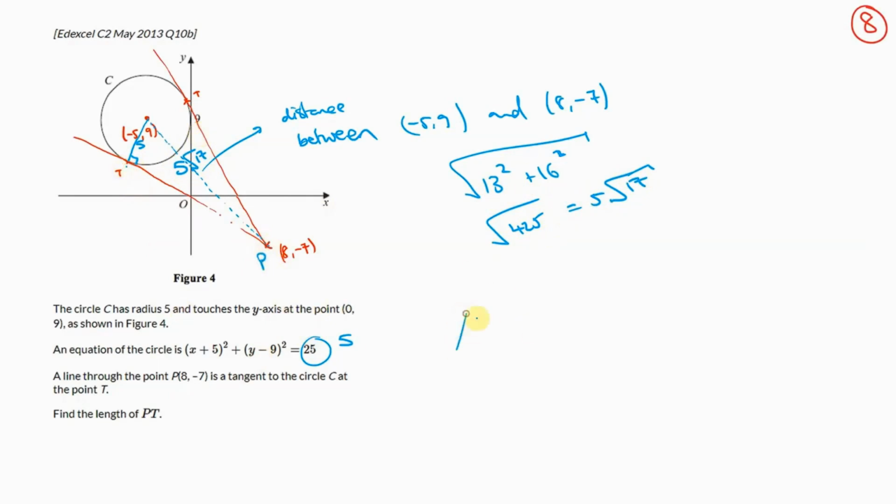And then it's just a Pythagoras job. I'm going to draw the triangle out one more time. And it's just a job of 5 root 17 all squared, subtract 5 squared, all square rooted.